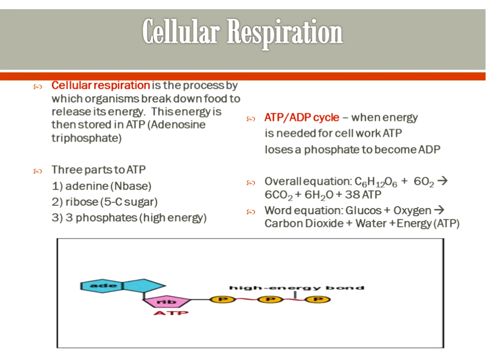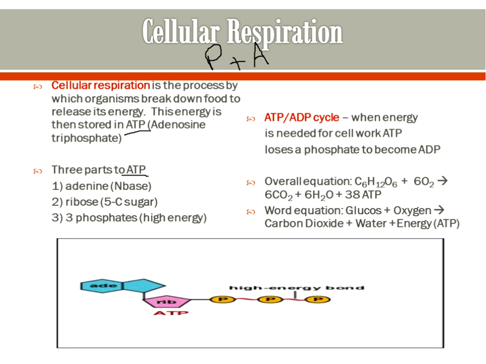Okay? And on the other side of that, cellular respiration, which is done by both plants and animals, they break down food to release its energy. And this energy is then stored as ATP. ATP is our unit of energy. And there are 3 parts to our unit of energy. There's an adenine, a ribose sugar, and 3 phosphates.